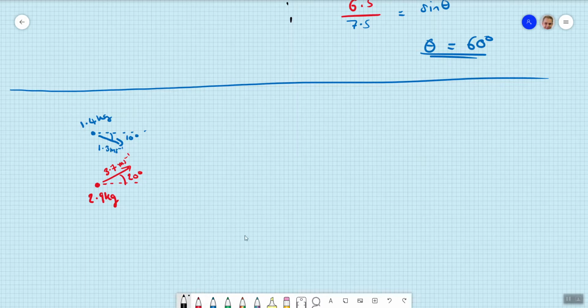And that's our initial setup. Now afterwards, I'm going to tell you what one of them is doing. Let's say afterwards we know what the blue one is doing.